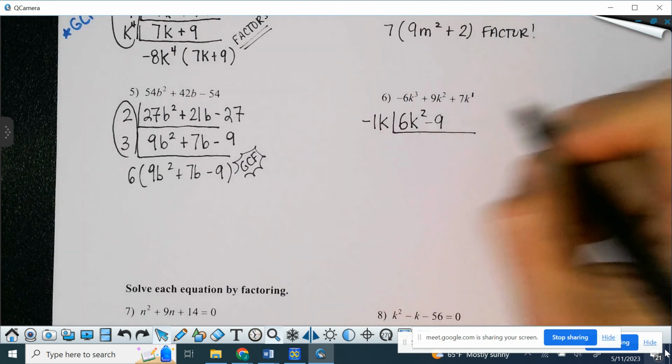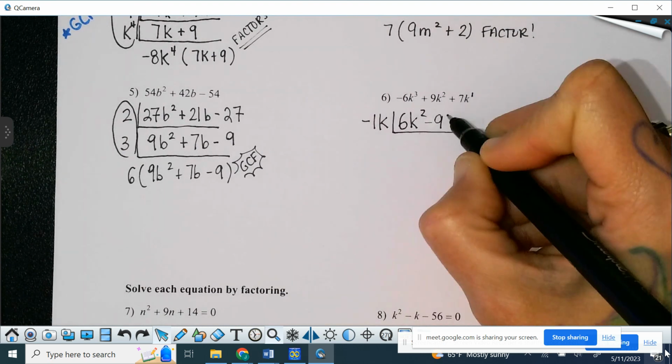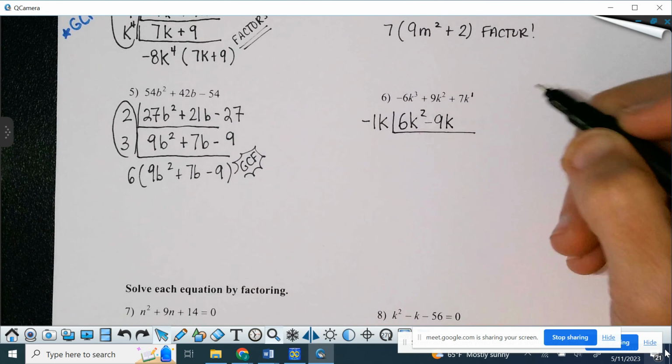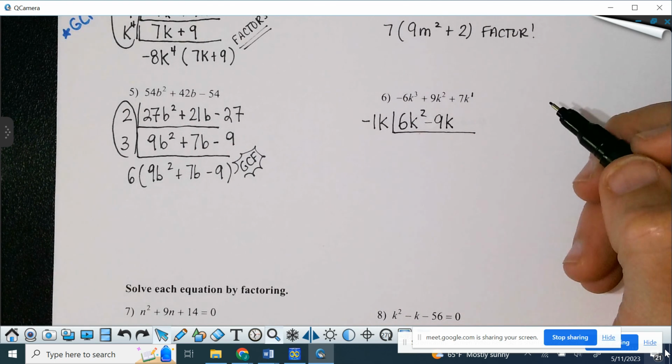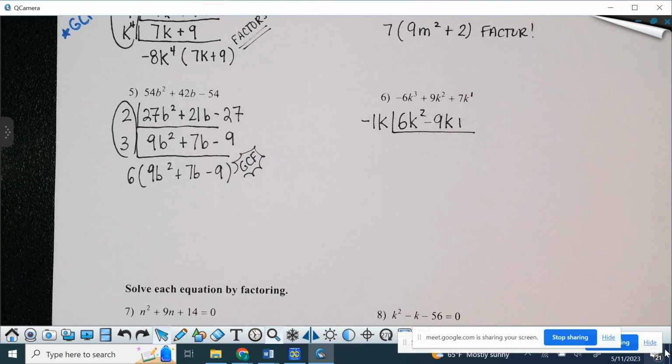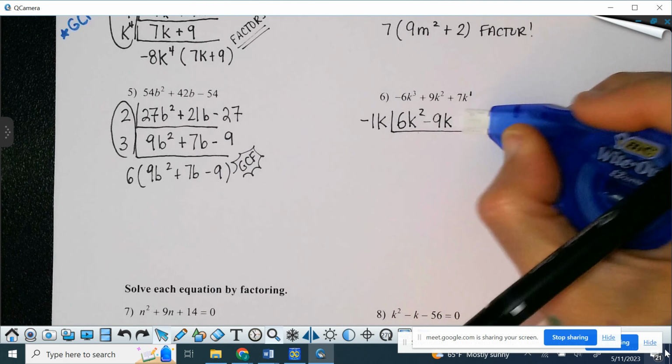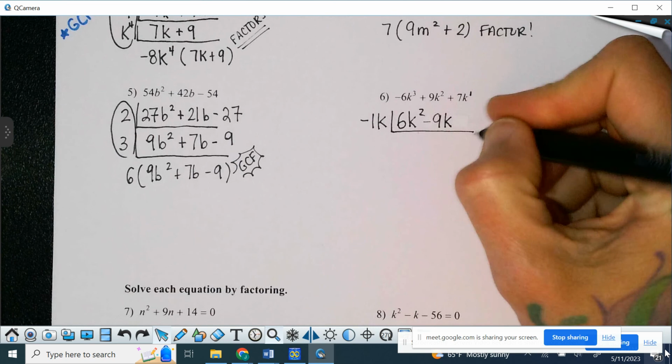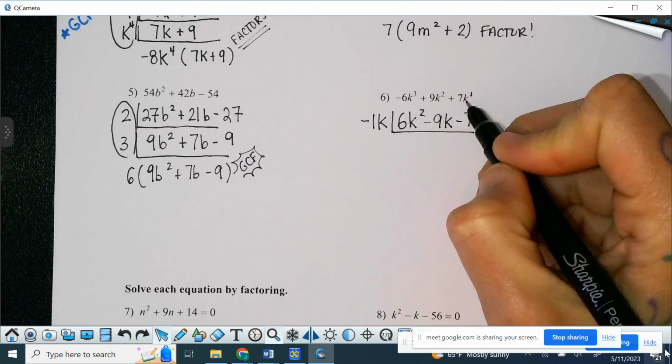I have 2 k's. I pulled 1 out, so how many do I have left? 1. Perfect. Then we have that +7, because we pulled out the -1, it's going to be a -7. I have 1k here and 1k out there, so we're done.